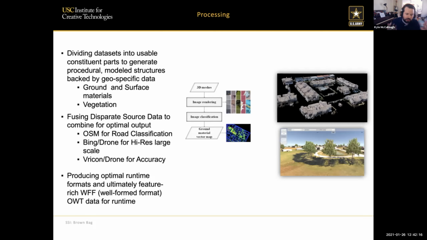And ultimately, we can take all of that information and output it in optimal runtime formats that can go into standard game engines, go into mission command systems, go into 3D and analytical software and other GEOINT applications. And all of that data is packaged up into a well-formed format. So you're not just getting a dump of all of this data, defining what a building is made of and where the doors and windows are and what is the ground outside of that building.